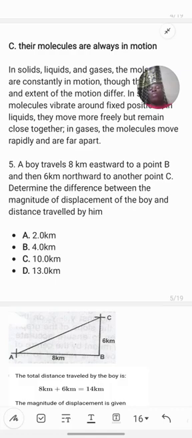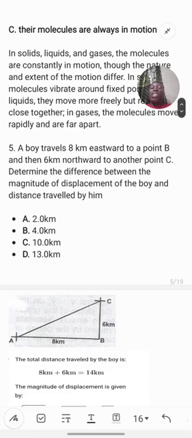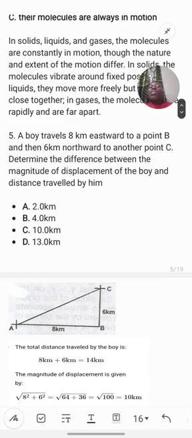So they asked us to determine the difference between the magnitude of displacement of the boy and the distance traveled by him. So let's first calculate the distance. The distance would be 8 kilometers plus 6 kilometers, then definitely that will be 14 kilometers. Now, how do we calculate the magnitude of displacement?